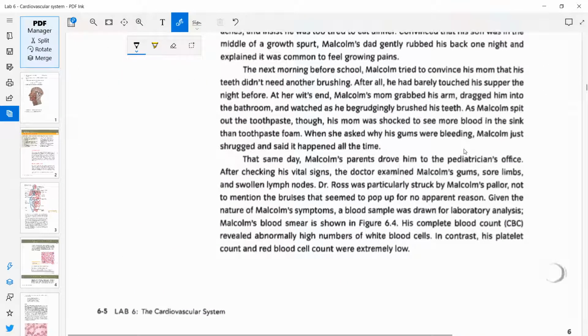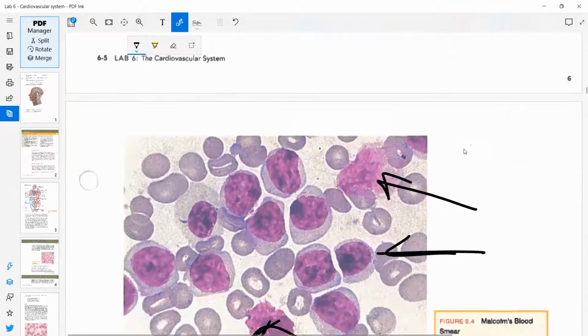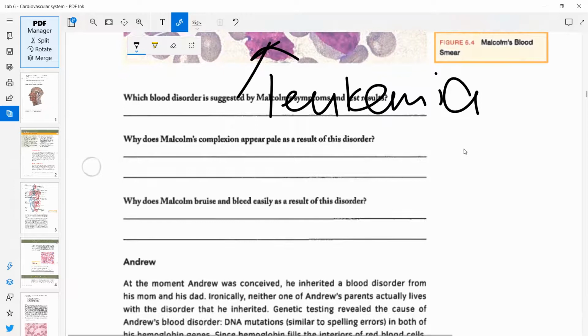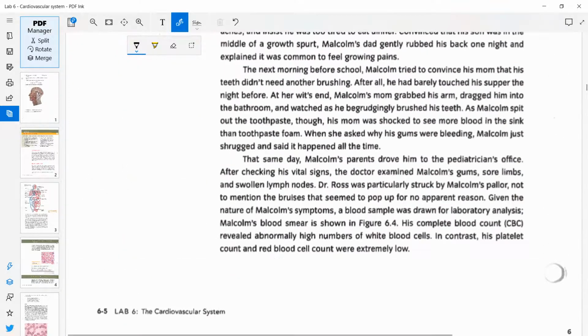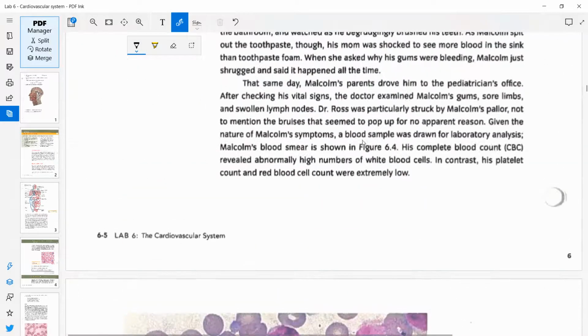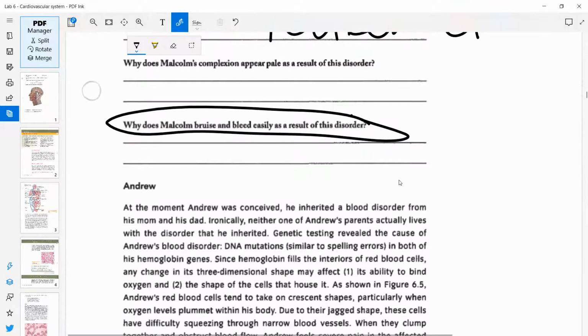White blood cells attack his tissues, and he's losing blood, and he bruises and bleeds easily because his platelet counts are really low, which means his blood cannot properly clot.